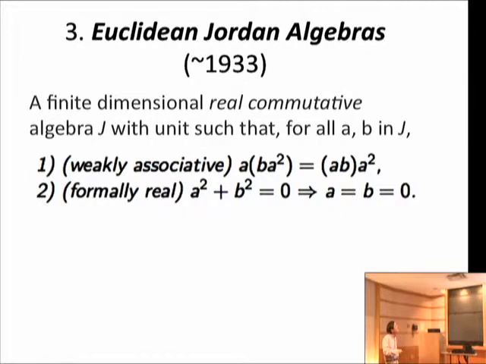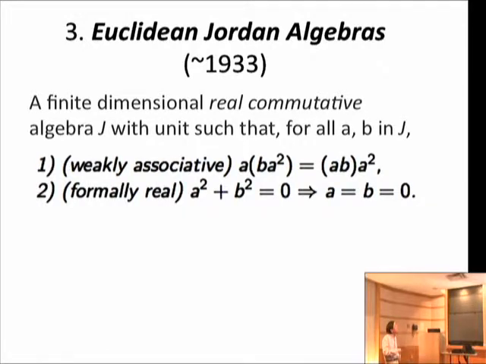Because this is equivalent to another condition, which says this finite dimensional real vector space has an inner product structure, such that this inner product structure and this Jordan multiplication structure are compatible, in the sense that the multiplication by A is always self-adjoint with respect to the inner product. So this condition is equivalent to that condition. That's why nowadays people call it the Euclidean Jordan algebra.